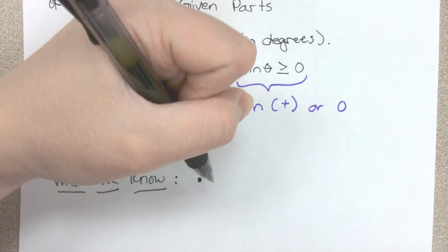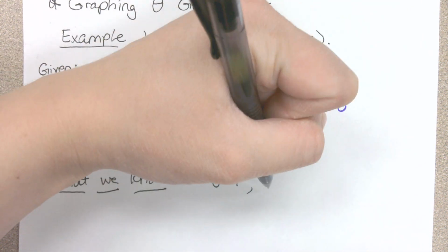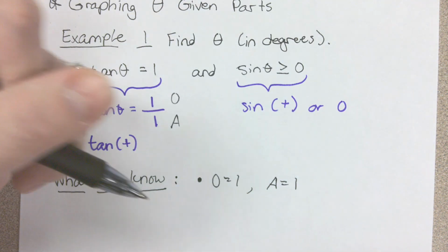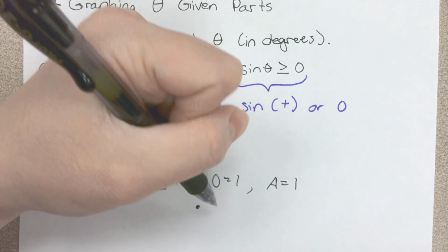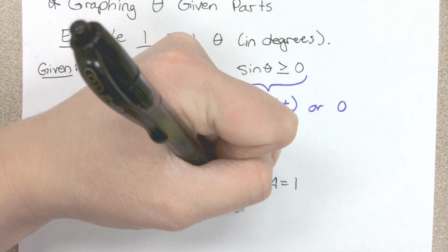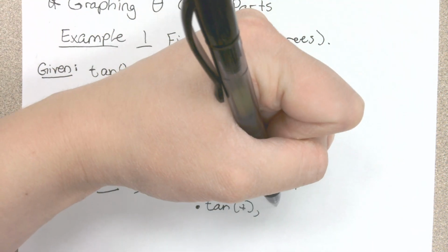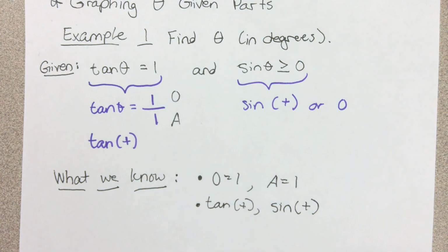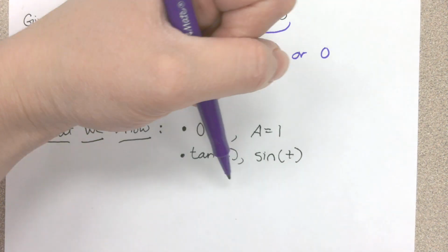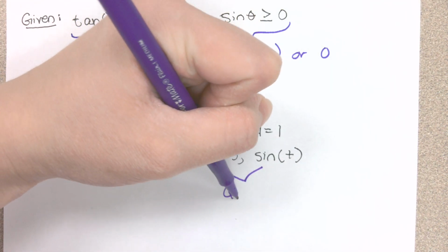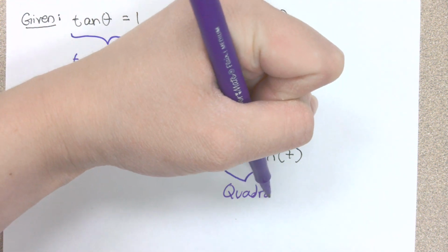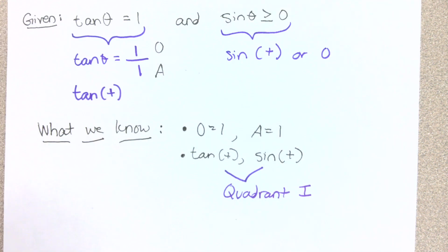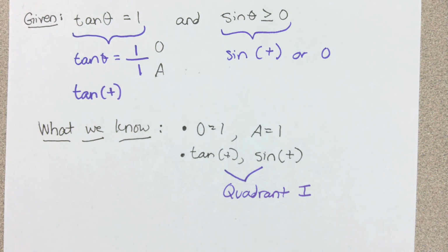So first off, we know O is 1 and A is 1. And we know we have positive tangent and positive sine. Therefore, we are in quadrant 1. That's the only time that happens, is in quadrant 1.